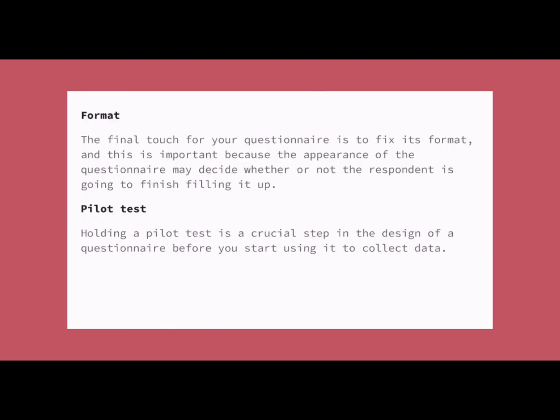So, pilot test. Holding a pilot test is a crucial step in designing a questionnaire before you start using it to collect data. So, this can help to find the flaws, kung ano ang mali sa questionnaire, in terms of content, grammar, and format.